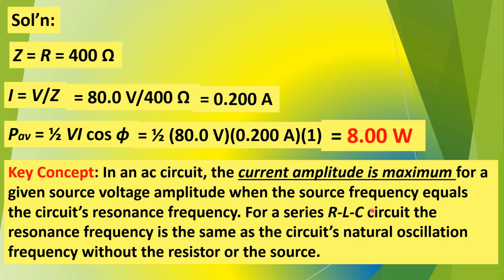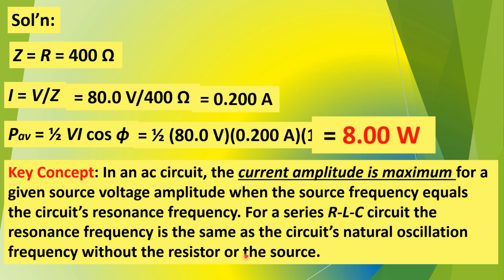For a series RLC circuit, the resonance frequency is the same as the circuit's natural oscillation frequency without the resistor or the source. That's it.